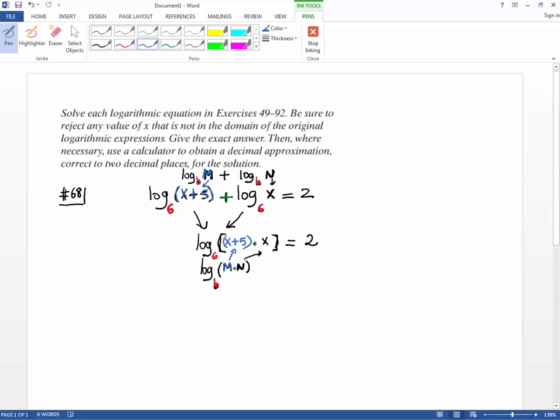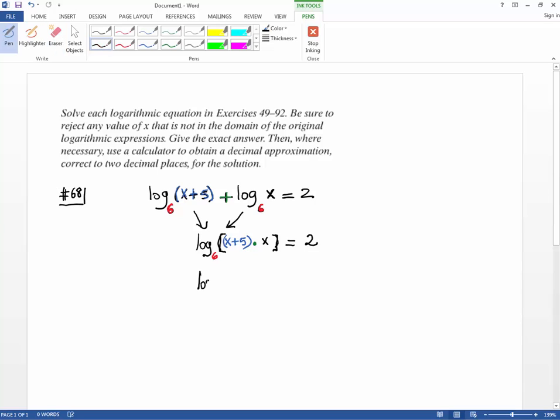So again, we condense those two logs as a single log of a product. And let me just clear out a little bit of all those formulas I had, so they're not in the way, so we can focus just on the problem. So let's now go ahead and proceed.